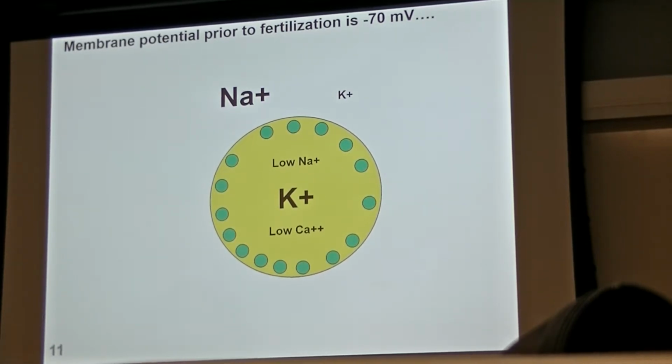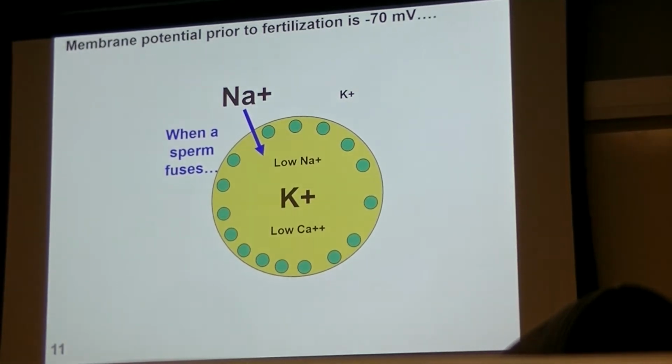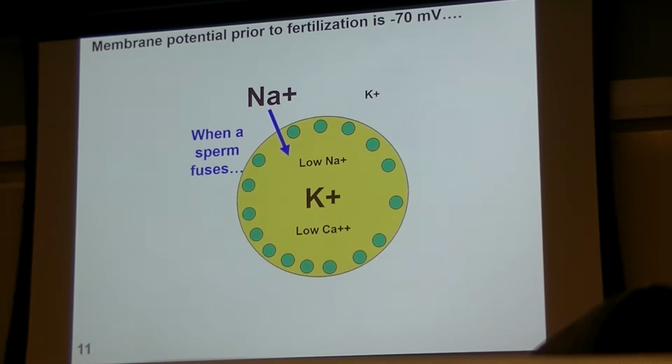So when the sperm fuses with the egg cell membrane, this changes something. It makes the membrane more permeable to sodium. When the membrane becomes more permeable to sodium, now sodium ions want to go into the interior to try to neutralize that negative charge, relatively speaking.